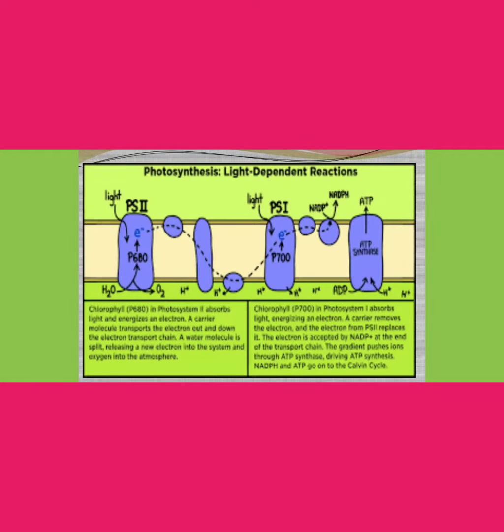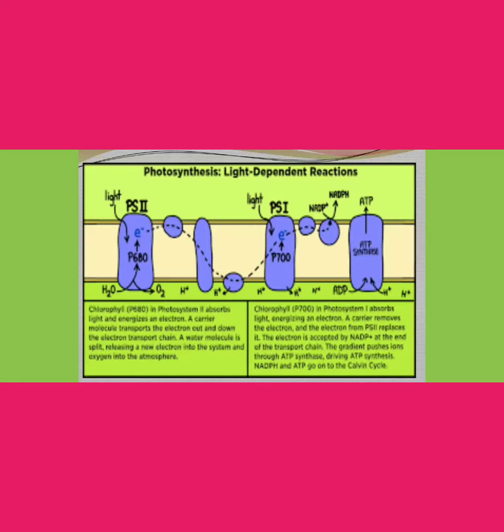In this picture, you can observe how photosystem 2 and photosystem 1 help in the electron transport. The reaction center of photosystem 2 is called P680. It gets excited and loses an electron, and this electron through different electron carriers reaches the reaction center of PS1, that is P700.